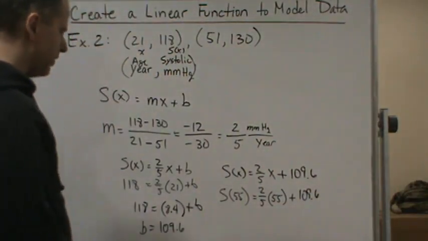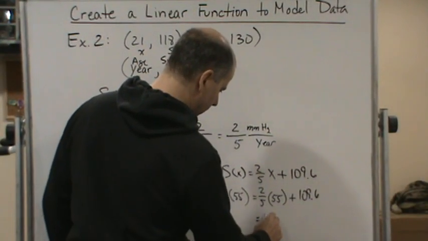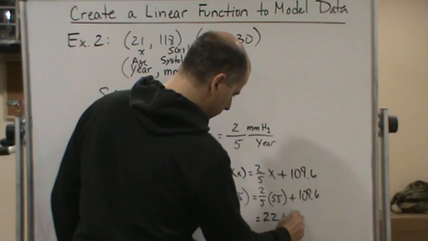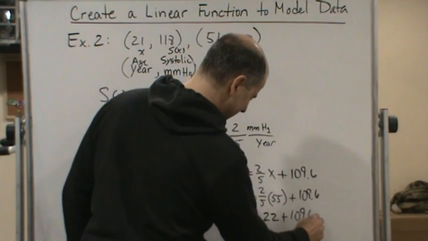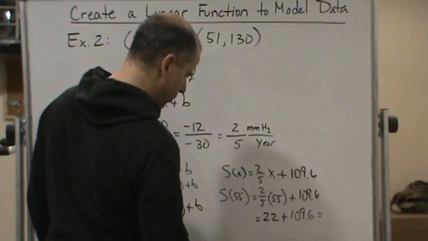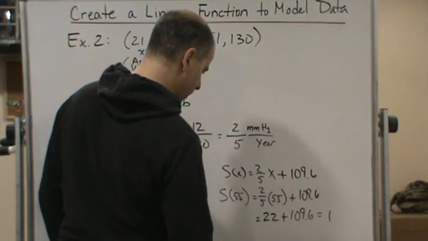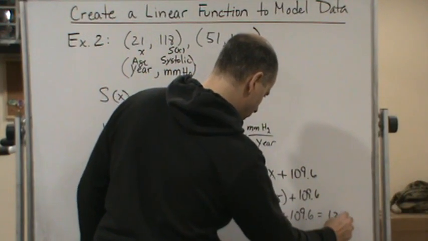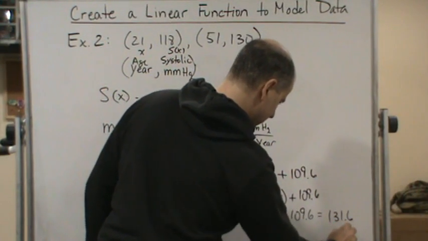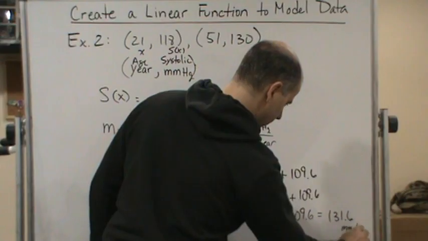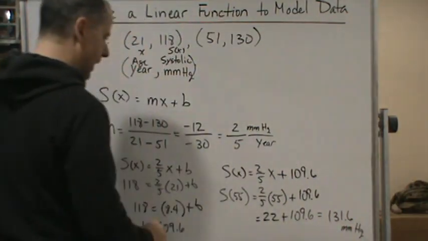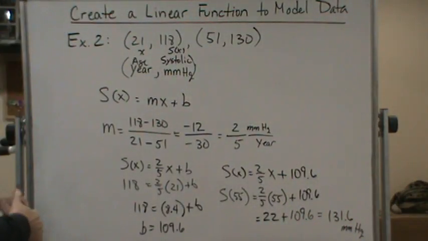This gives us 22 plus 109.6, which gives us 131.6 milligrams of mercury. So that is the systolic blood pressure for a 55-year-old.